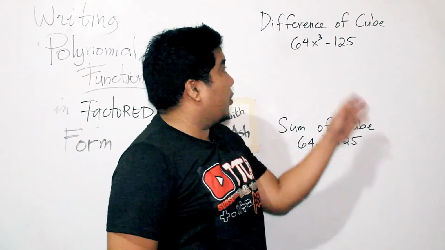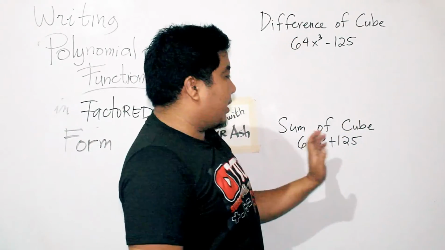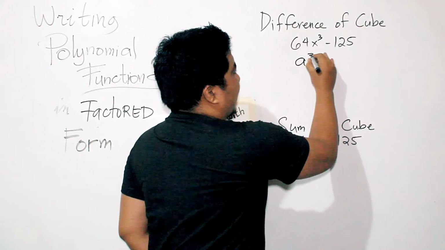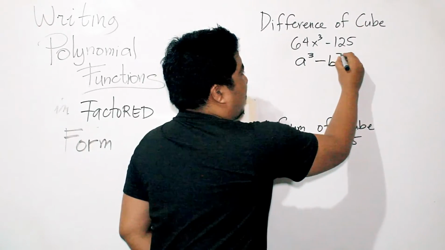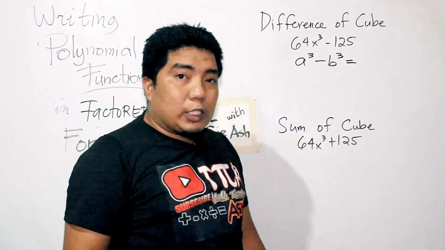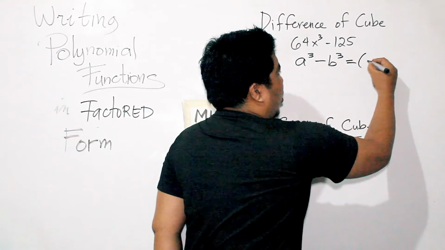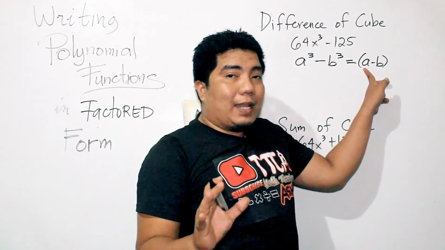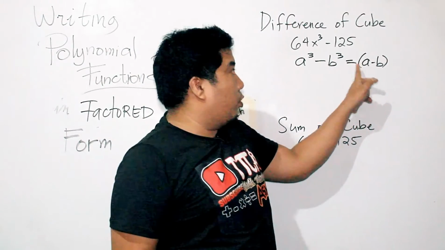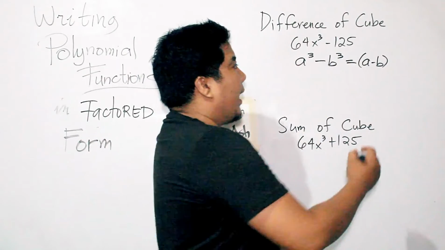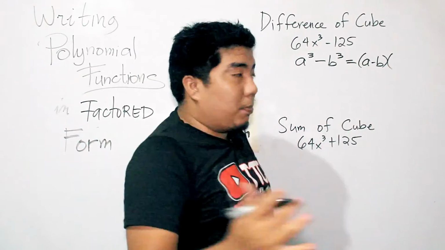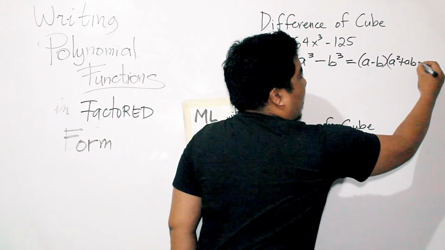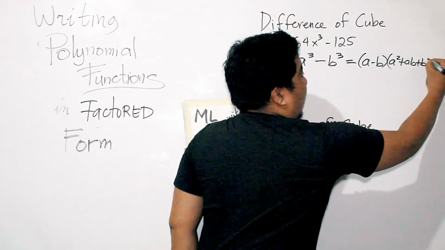Now, how do you factor the difference of two cubes and the sum of two cubes? Remember that if you have a cubed minus b cubed, you get the first binomial, which is the cube root of each term, and then you will have a trinomial, which is a squared plus ab plus b squared.